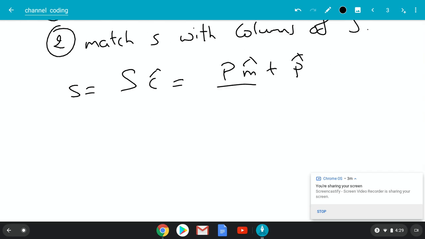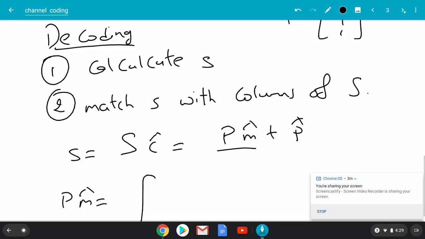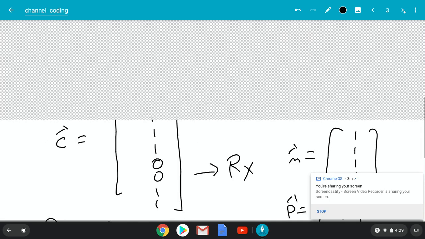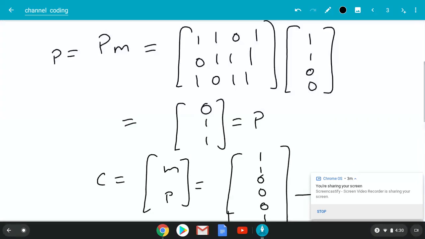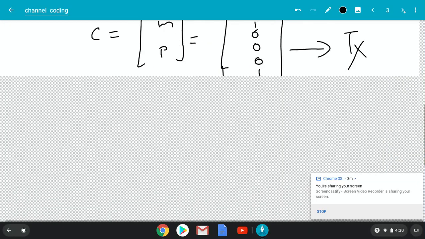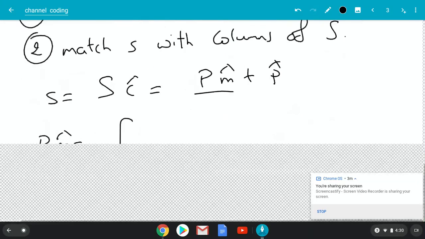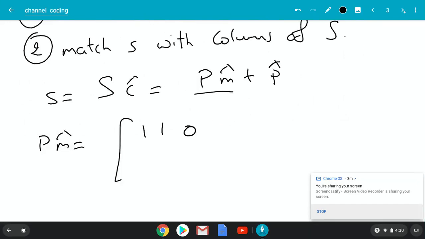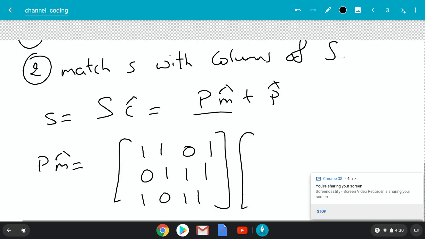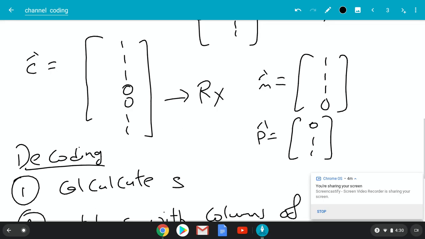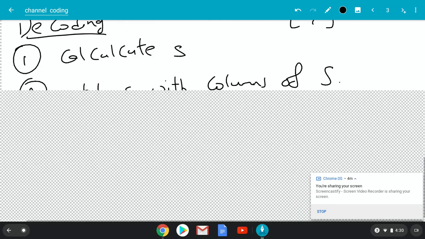Let's calculate this first, and we know this is p hat. Then capital P times m hat should be equal to, let me see what P was, 1101, 0111, 1011. Okay, this was P, and then times m hat, 1110.